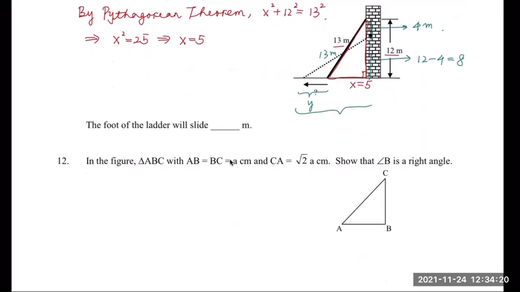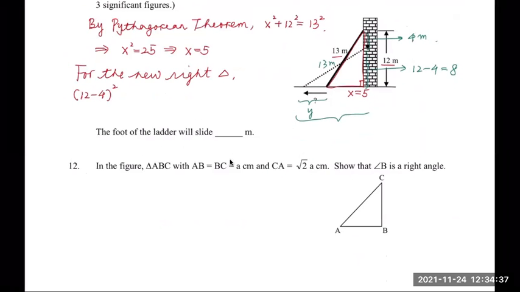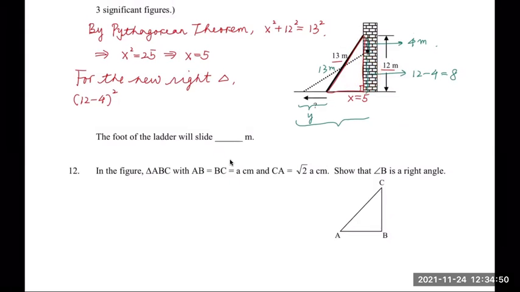So for the new right triangle, 12 minus 4 squared, that's here. That's this side, right? Because this is 12, this is 12, this is 4. So we know that this side is 8, right?